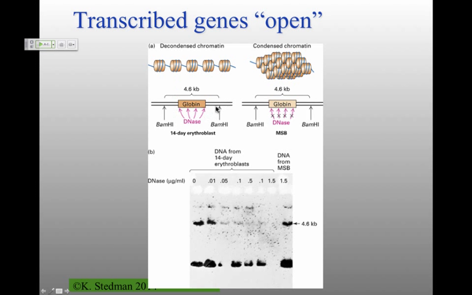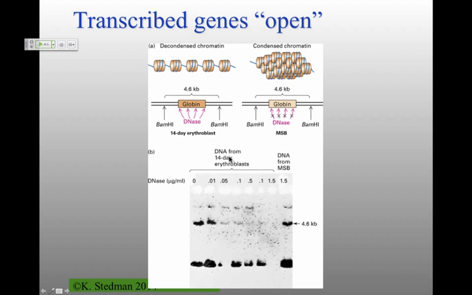So if you look at globin genes in either a cell which is actively expressing one of these globin genes, or here, a cell where you're not actively expressing these globin genes, you purify the DNA from those cells, you treat it with a nuclease, in this case DNase, and then look at that particular piece of DNA. In a cell which is actively expressing this gene, it gets broken down.